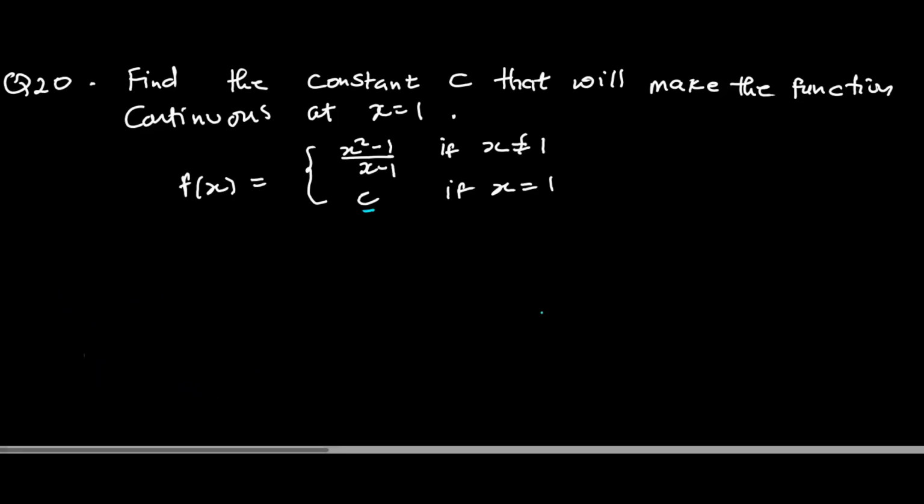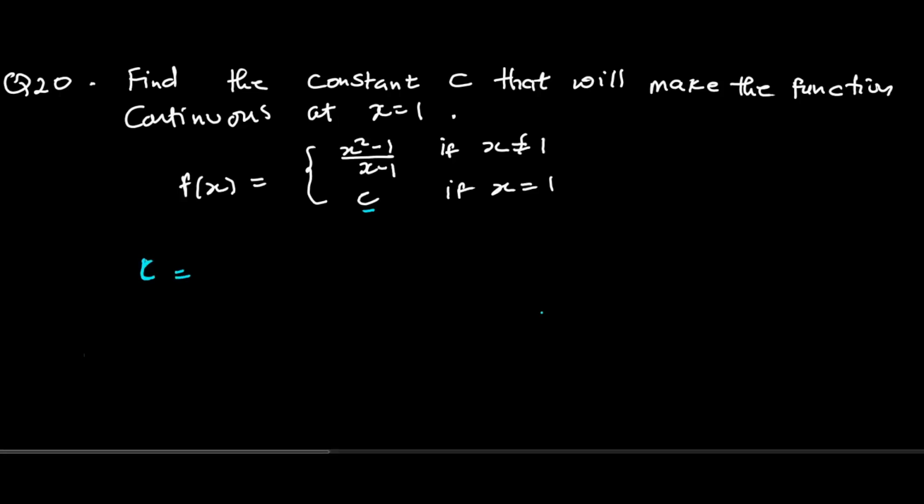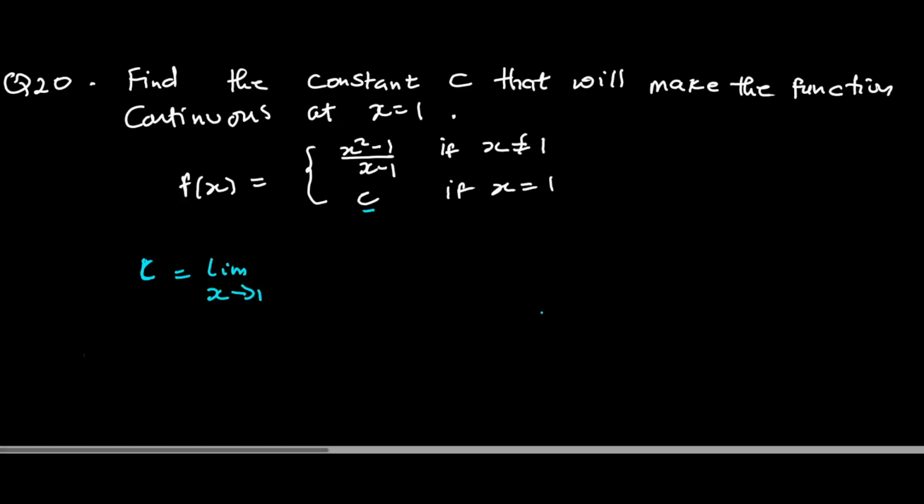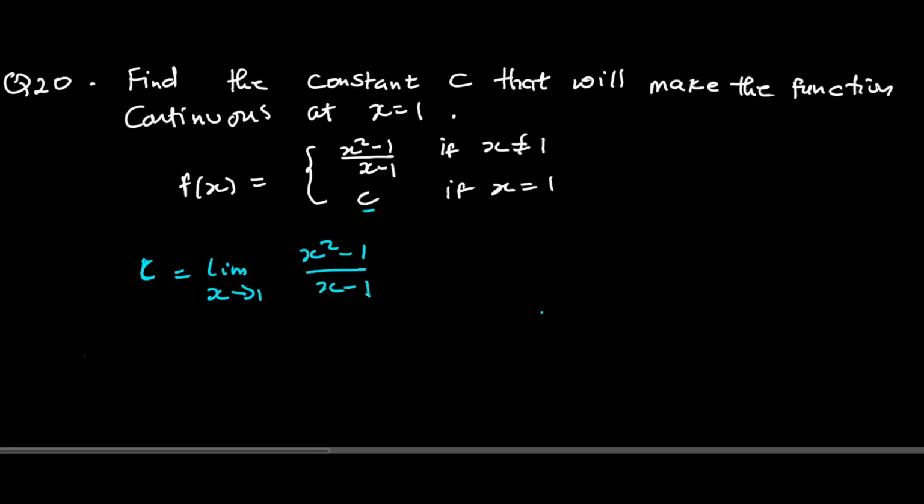So c will be equal to the limit as x approaches 1 of x squared minus 1 all over x minus 1. Now if you substitute 1 in directly, the whole thing breaks. So we can go through a series of approaches to eliminate that discontinuity.